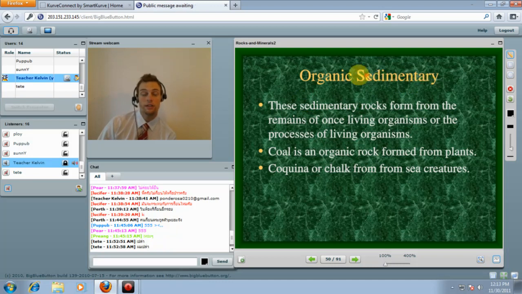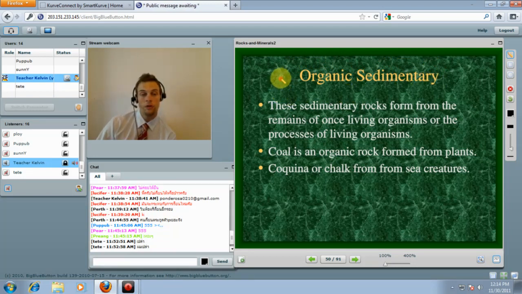Organic sedimentary rock, this is hugely important because, if you know peat or coal, these fossil fuels that we use to power our vehicles or that are used to run trains and steam engines and everything. This comes all from living things.